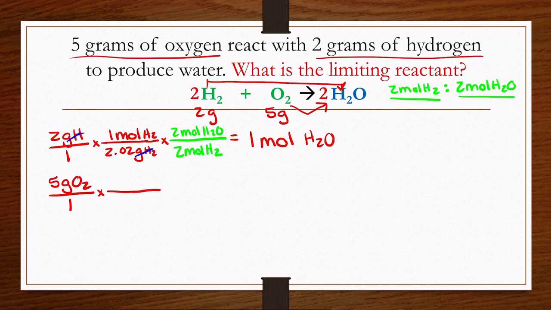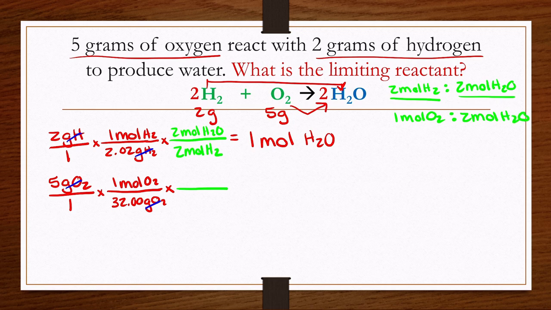So I have to divide by the molar mass for O2, which is 32.00 grams of O2 for every 1 mole of O2. All right, and you can see that grams of O2 will cancel out. And now that I'm in moles, I can go ahead and set up my mole ratio again. This time my mole ratio is going to be 1 mole of O2 for every 2 moles of H2O.